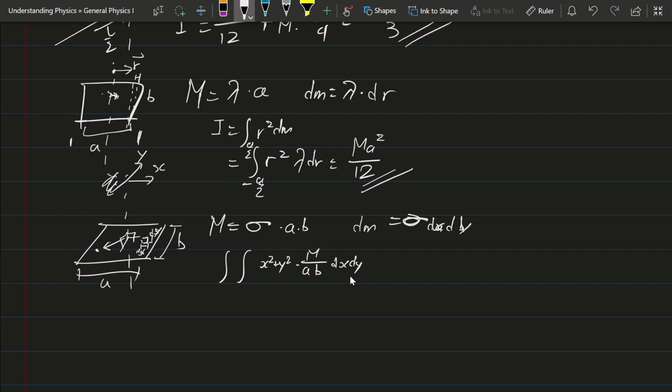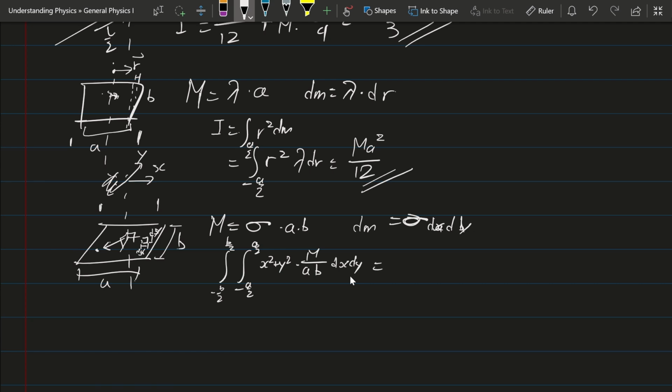So now we want to set up the boundaries. In the x direction, it goes from negative a over 2 towards a over 2. And the same thing for the b over 2.